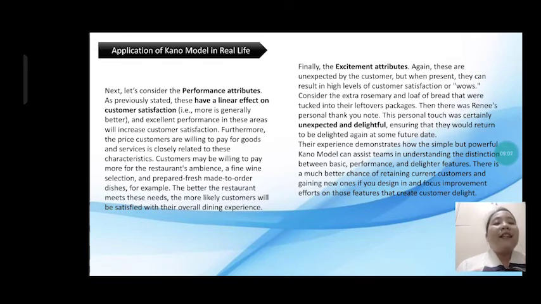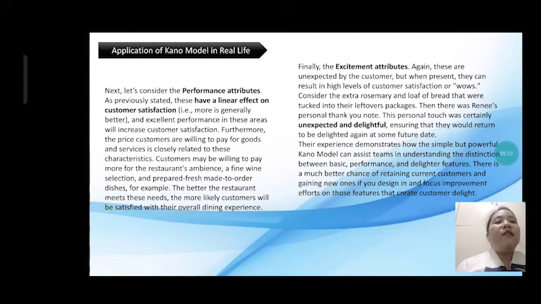Customers may be willing to pay for the restaurant's ambience, a fine wine selection, and freshly made-to-order dishes, for example. The better the restaurant meets these needs, the more likely customers will be satisfied with their overall dining experience.